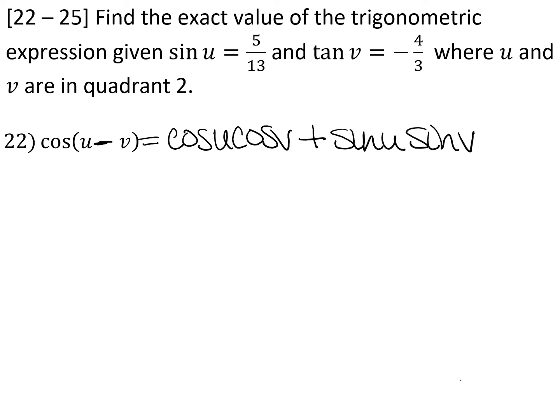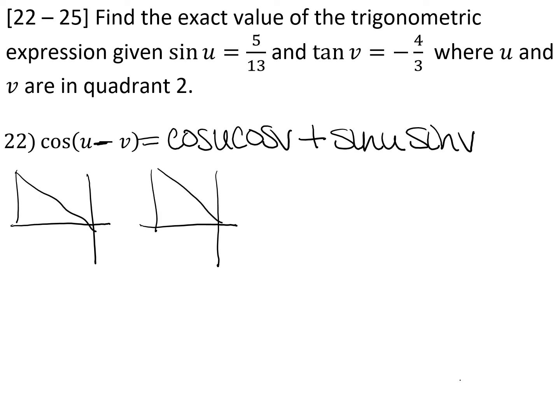In order to do that, I'm going to need to draw some triangles, because here I'm given the sine u, but I don't have cosine u. So I'm going to draw a triangle for each. They're both in quadrant 2. This will show up as Pythagorean triples on your formula sheet. So this one, your y is 5, 13.